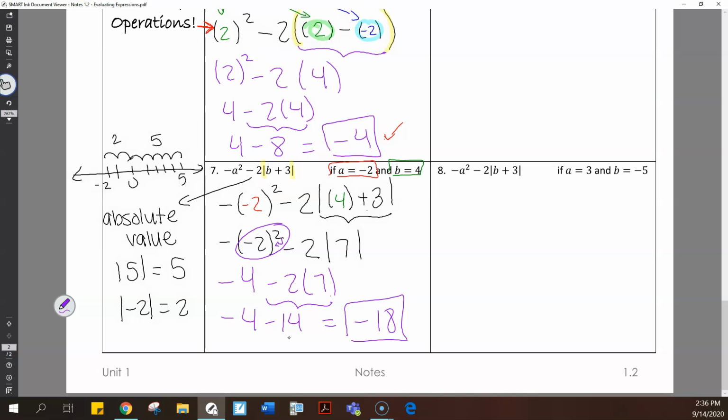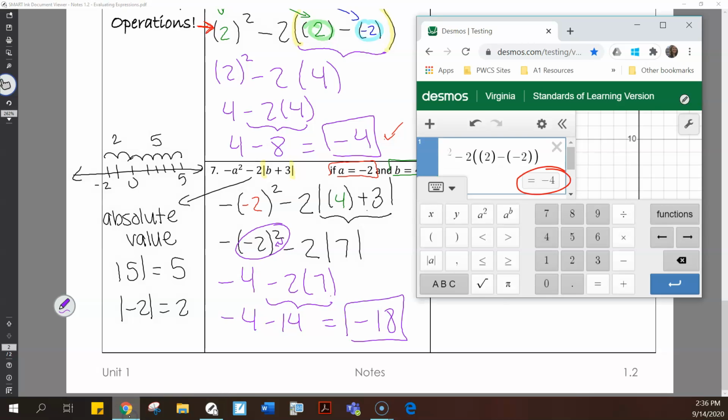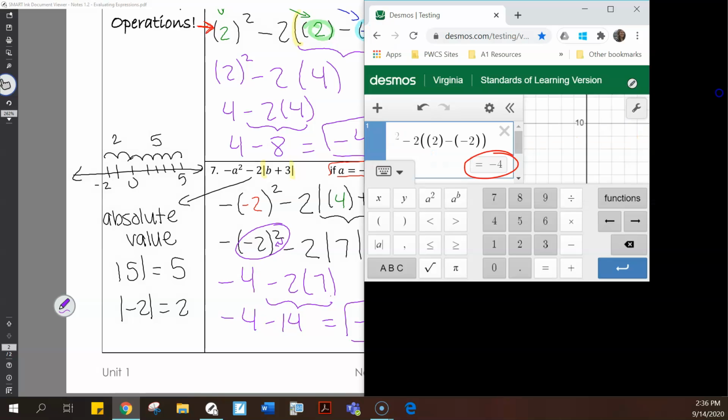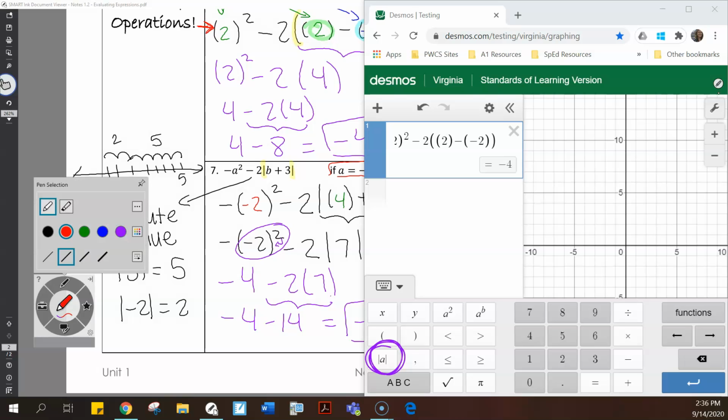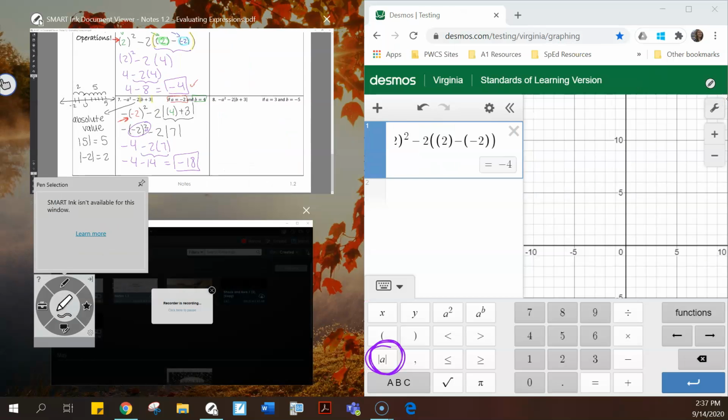I can check this in Desmos. The absolute value sign is this symbol right here. Okay, it's the button with the 2 vertical lines and the A in the middle. So with that knowledge, I can type in that step. Make sure you can see it.